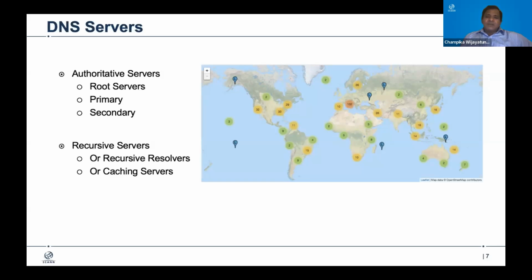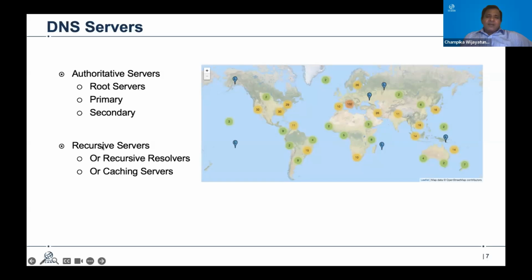All that can be achieved when you have all these root servers scattered in different parts of the world. We can make sure that even though one root server goes down, you still have access to the root zone. Root zone still functions. So that is why we have many root server instances, including in Myanmar, you have root servers.